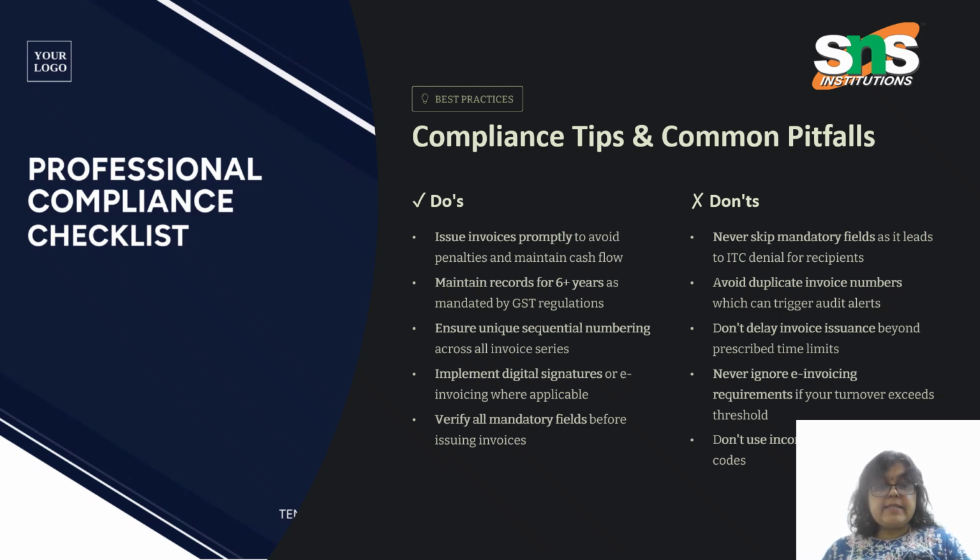There are certain do's and don'ts also for the issue of an invoice. Issue promptly to avoid penalties. The GST record must be maintained for more than 6 years. Ensure a unique sequential number is properly implemented. Digital signature is very important. All the mandatory fields should be complied with. Never skip mandatory fields.